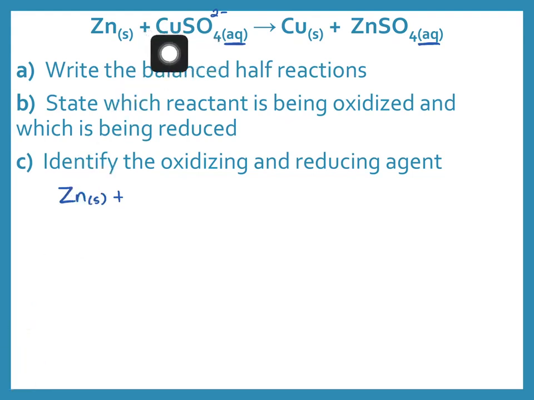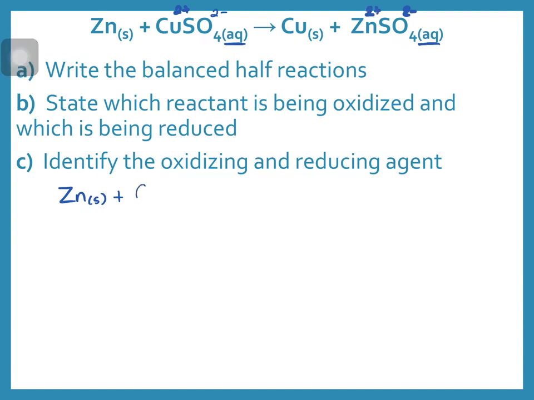Copper and sulfate come in a 1-to-1 ratio, so as we did our crisscross, if sulfate is 2-, then copper must be 2+. Similarly, over here we have a 1-to-1 ratio, and sulfate is 2-, so zinc must also be 2+.